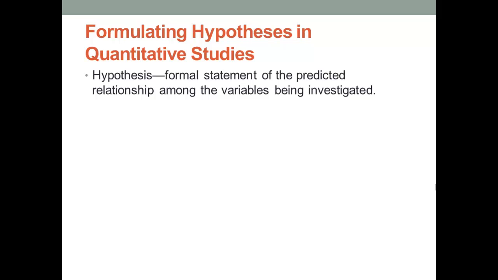For the quantitative research question stated earlier, that is, what effect does playing football have on students' overall grade point average during the football season? The related hypothesis might go like this. Students who play football during the football season will experience a decrease in their GPAs as compared to students not playing football.